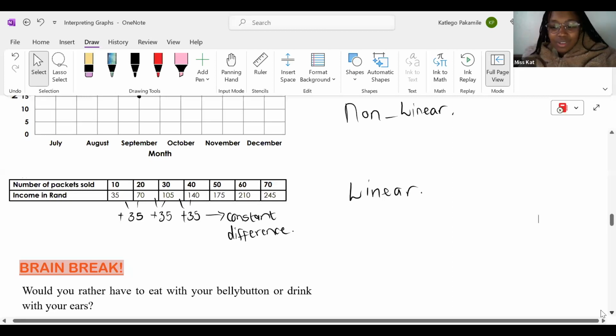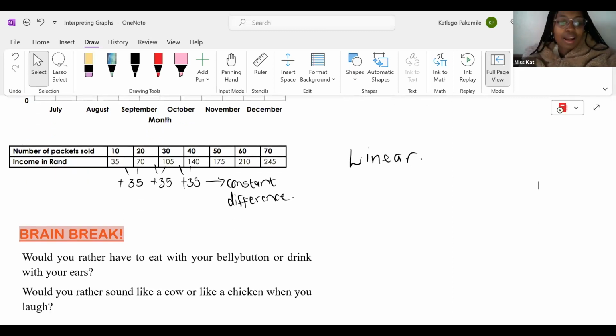Okay, let's go down. Would you rather sound like a cow or a chicken when you laugh? Would you rather moo like a cow or cluck like a chicken when you laugh? Do you remember that show? Mama had a chicken, Mama had a cow.